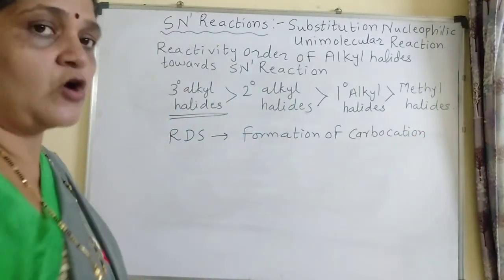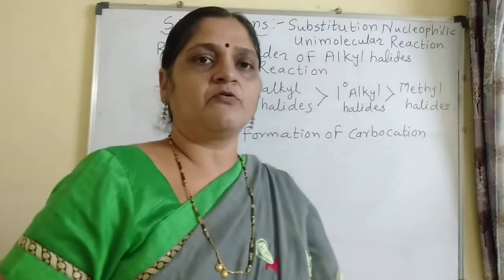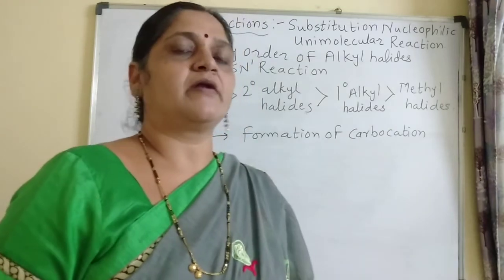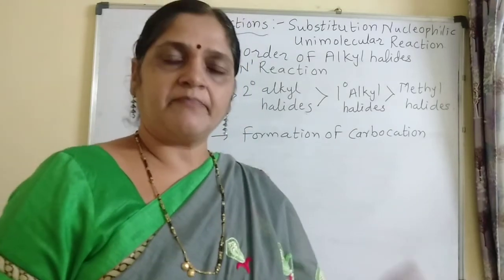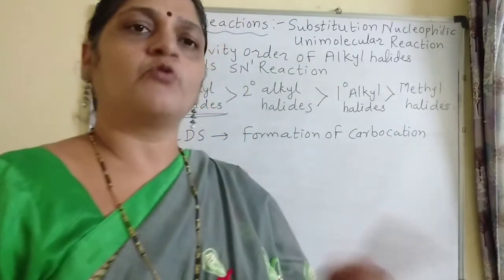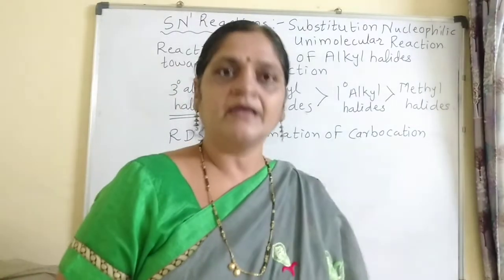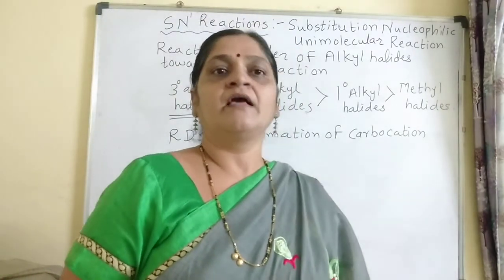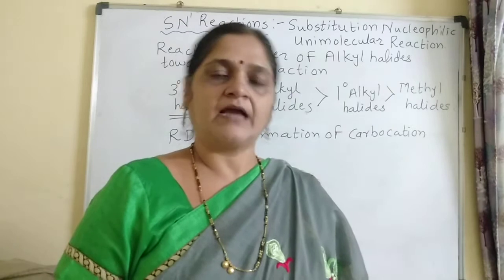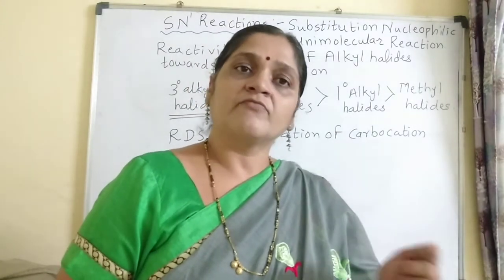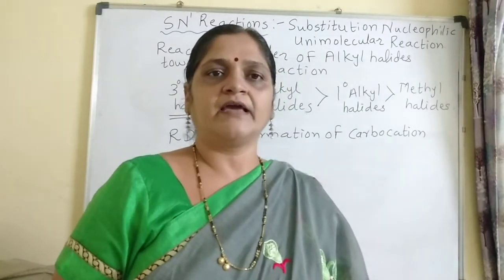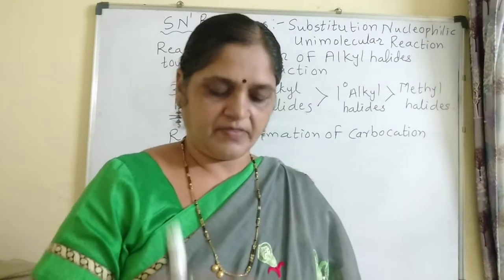When we talk about the stability of the carbocation, tertiary carbocation is more stable as compared to secondary. Secondary is more stable as compared to primary. Primary is more stable as compared to methyl carbocation. Greater the stability of carbocation, faster is the rate of the reaction.